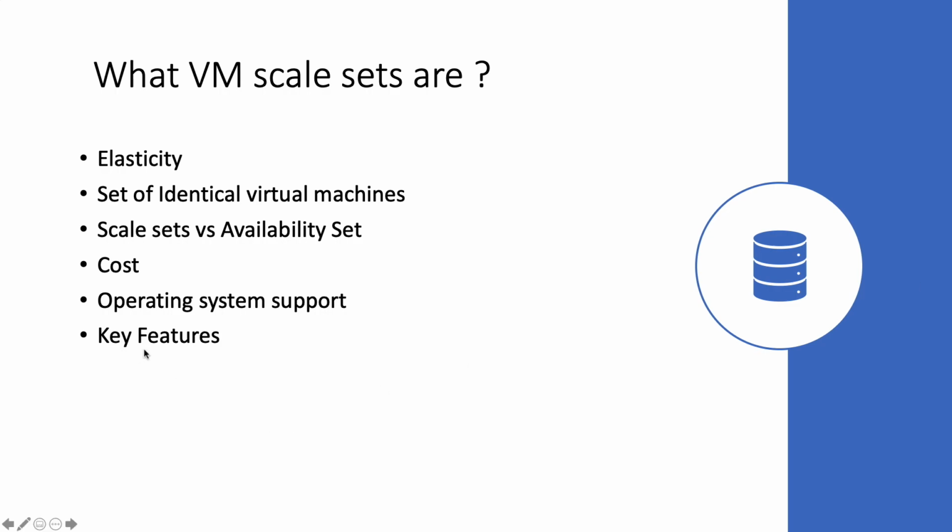Last, I'll talk about the key feature of scale sets, which is auto scaling, which dynamically scales out and scales in. You can call it vertical or horizontal scaling based on configurations, such as using a data metric or a daytime schedule. VMs can be scaled out or scaled in.